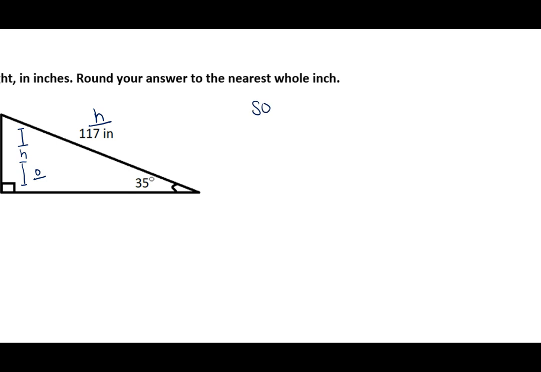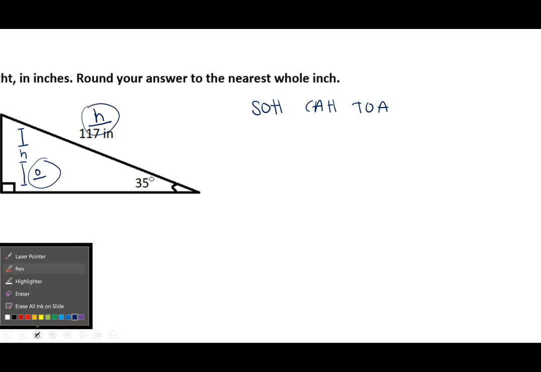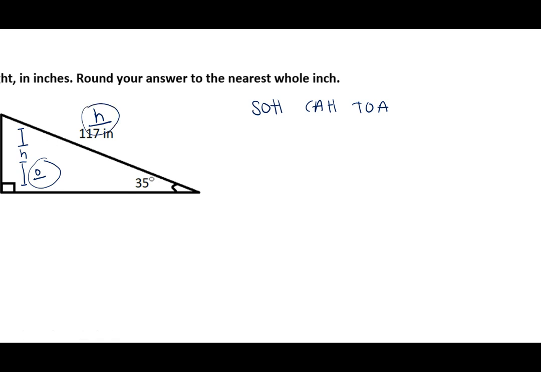So you do SOHCAHTOA. Which one of these have only O and an H? That's right, you have to use this one. So we're going to use sine of 35 equals H over 117.